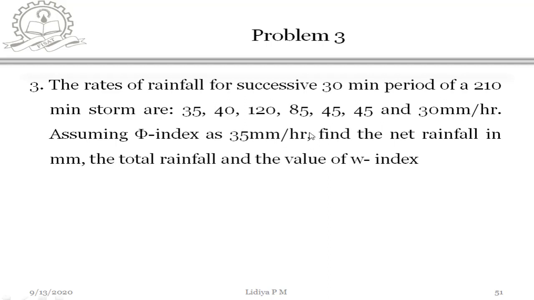So 30-minute interval rainfall data are given, that is rainfall intensity data are given, and phi index is also given. So first we will calculate what is the total runoff depth.